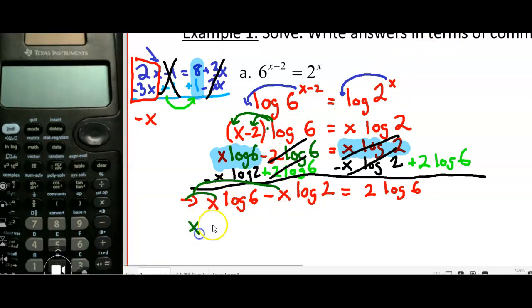So I have an x, and then what's left over is log of 6 minus log of 2. This is what will give us a single x so that later on we can get x equals. So we need to go from having 2 of them down to 1. The right-hand side stays the same. It's just a number.